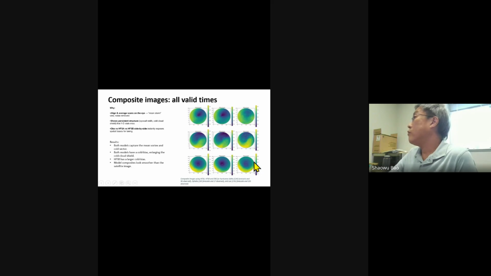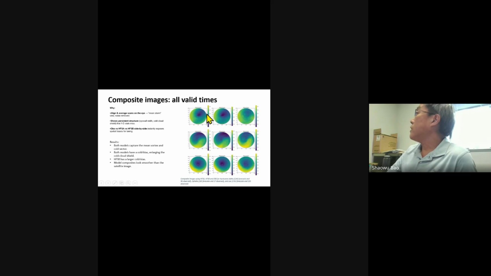However, we can see that both models tend to have a darker color than the observation, because we use the same color scale for all the images here.